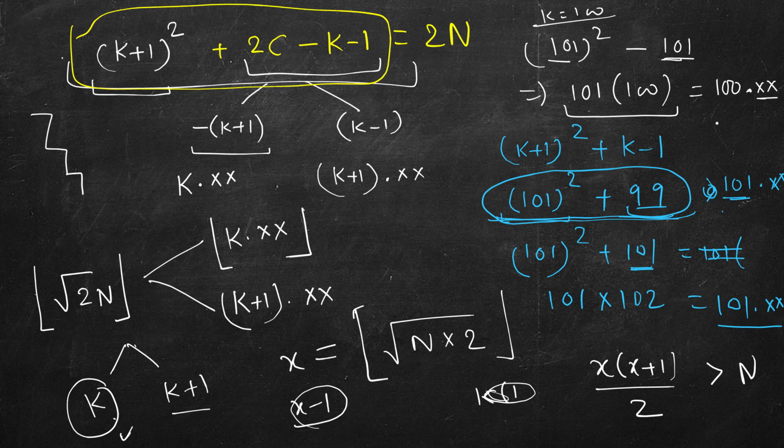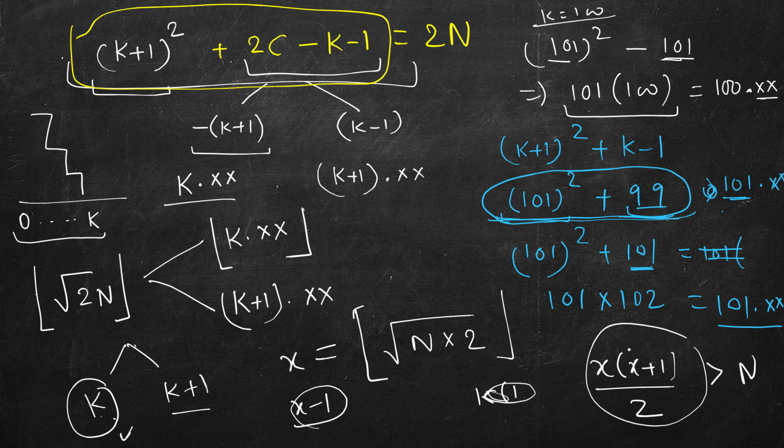Due to this analogy, we have taken the two extremes where the spare coin is 0 or spare coin is k. It will lie anywhere between this range. So this square root of 2n will be either k or k plus 1. That we will check using this.